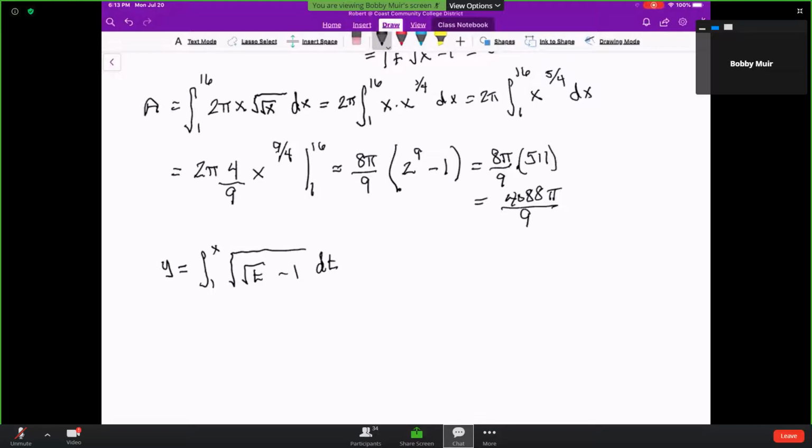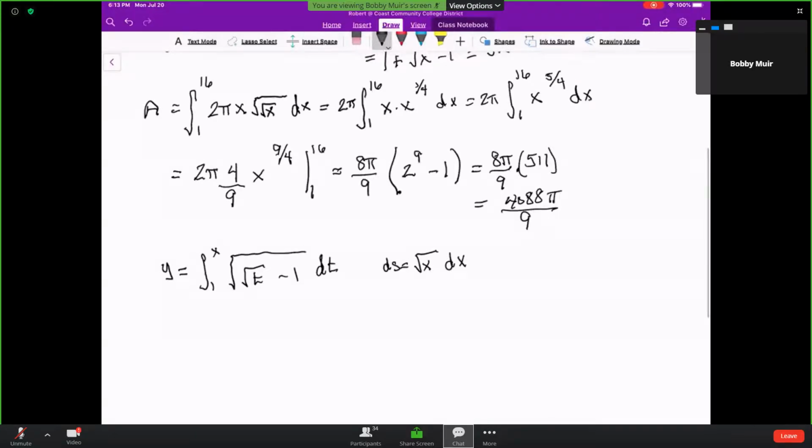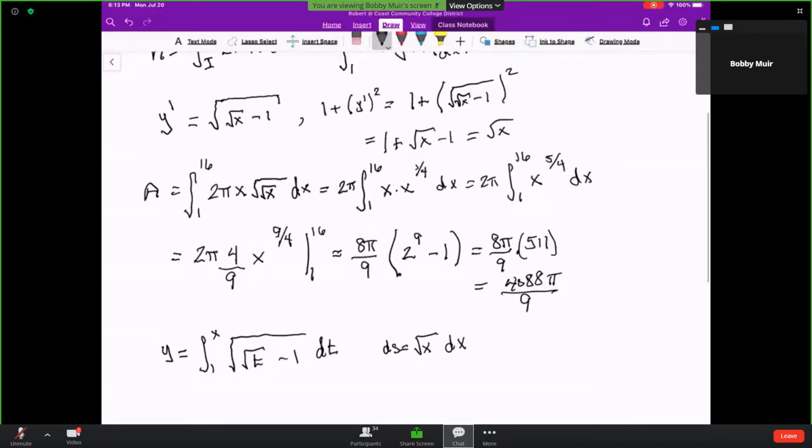Okay, and remember we had that the ds thing ended up being the square root of x dx. Remember that was dy dx.